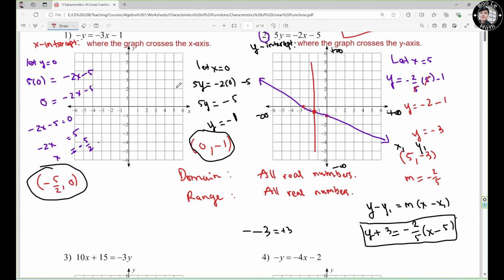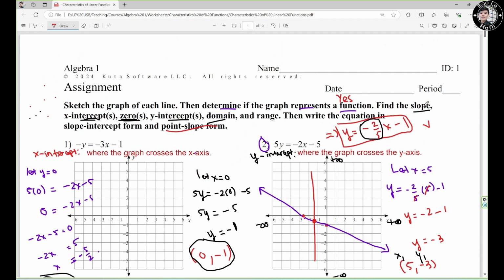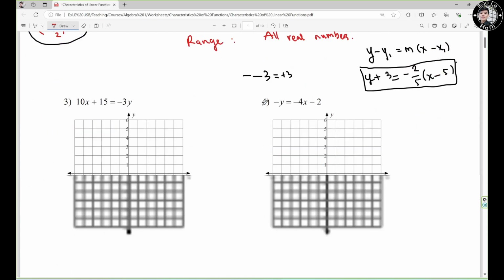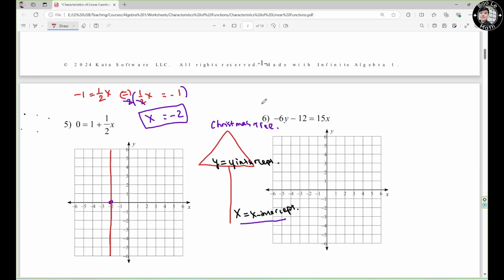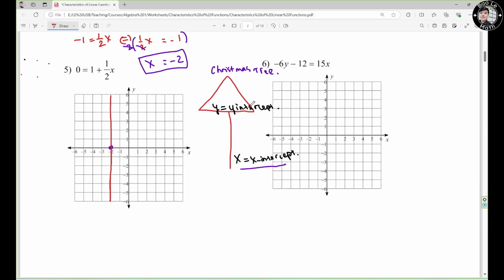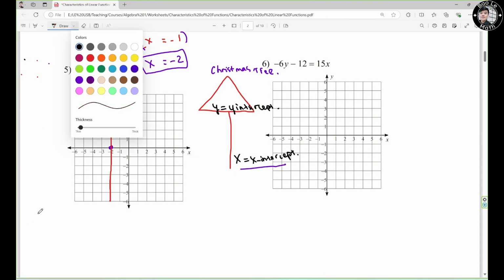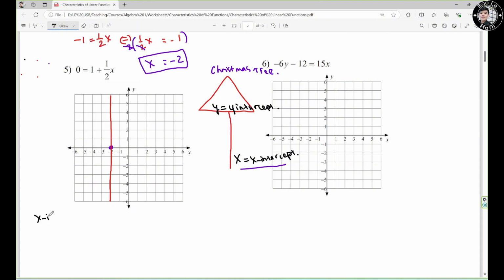Now I need to find the slope, s-intercept, zero, y-intercept, domain, range, and convert the equation into slope-intercept form and point-slope form. First, I need to find the s-intercept. So my s-intercept should be right here.